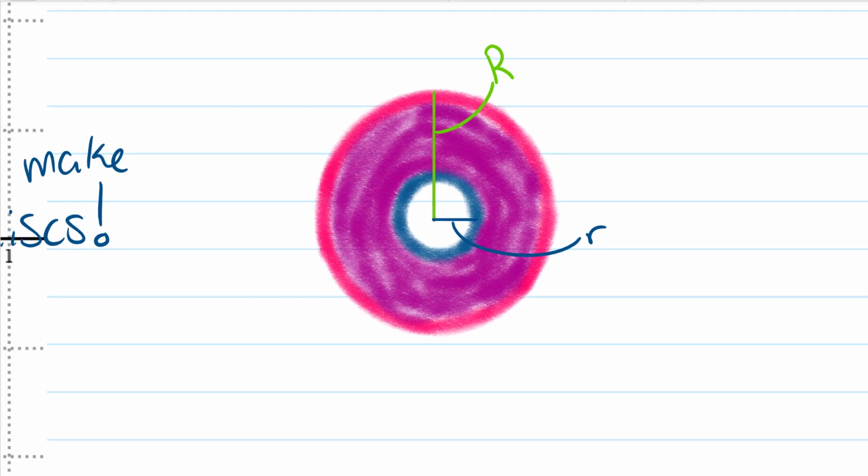If we look at this, we see that from the center to the outer ring is the large radius, and from the center to the inner ring is the inner radius. So if I want to find the area of just the colored in region, I would do the area of the large one minus the area of the small one.